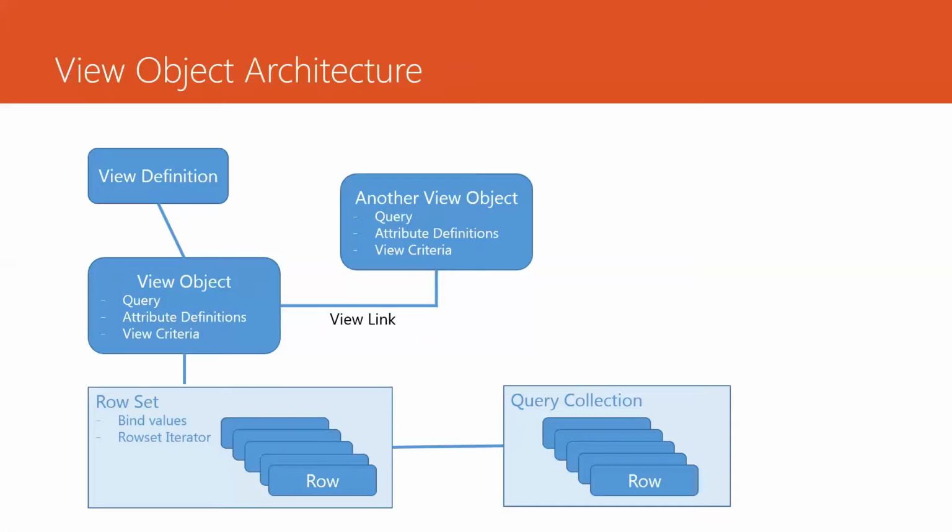It will create another row set, and it will try to use the same query collection if it is possible. But the same query collection doesn't have the data we want, so it will create a separate query collection.